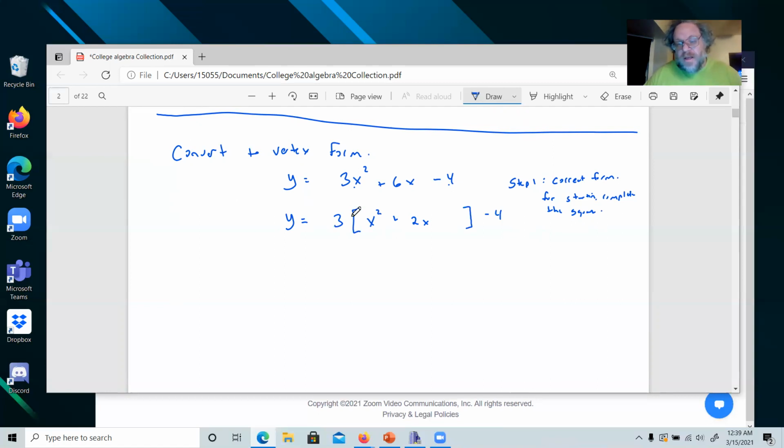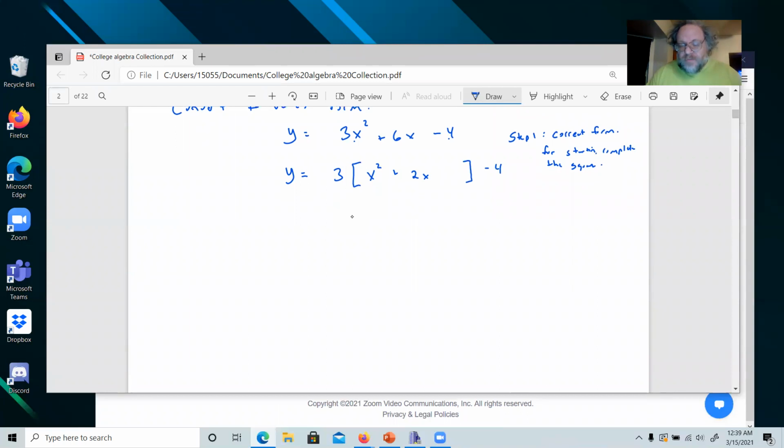Okay. Now, step 2 is we're actually going to start to complete the square here. If you're starting off with this as a 1, then this is really going to be your step 1. But step 2 is we're going to identify the middle term, and we're going to use that to generate the number we're going to add and subtract.